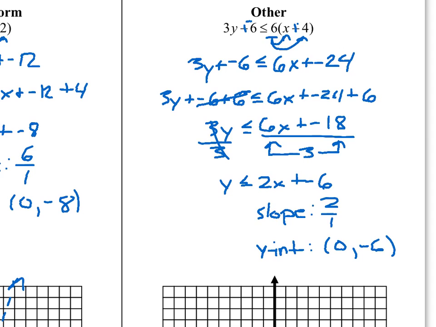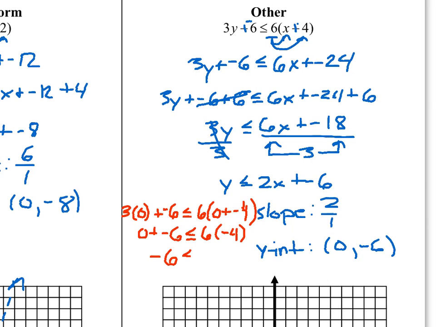And that's going to be 3 times 0 plus negative 6 is less than or equal to 6 times 0 plus negative 4. 0 plus negative 6 is less than or equal to 6 times negative 4. Negative 6 is less than or equal to negative 24.